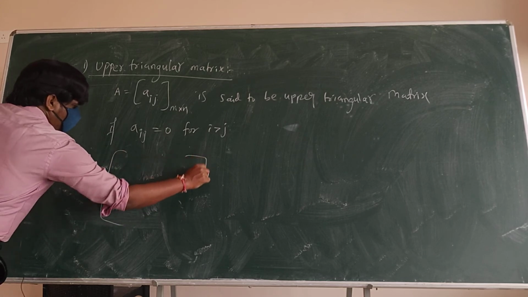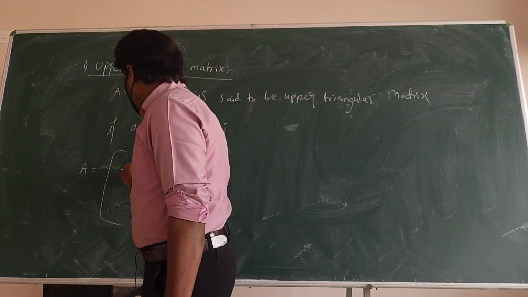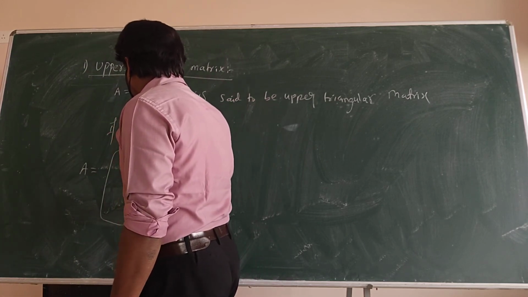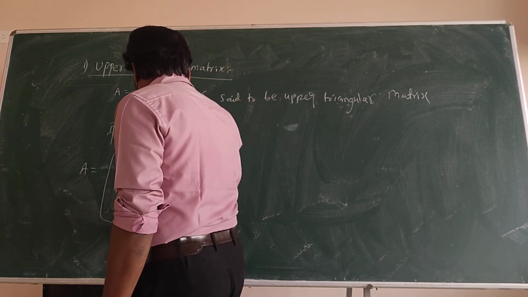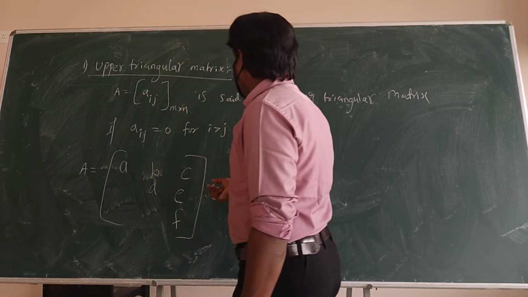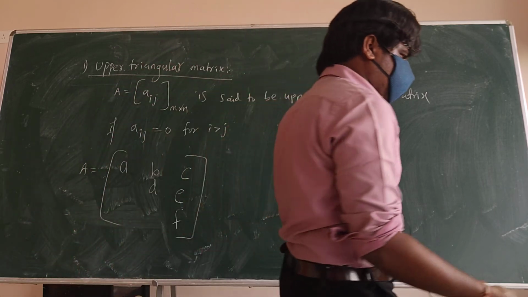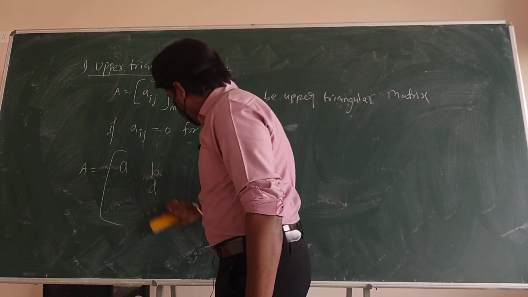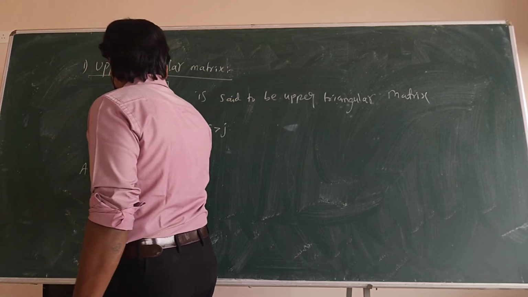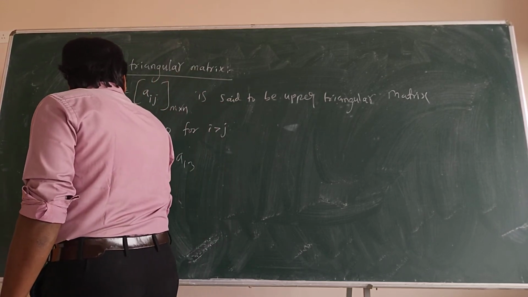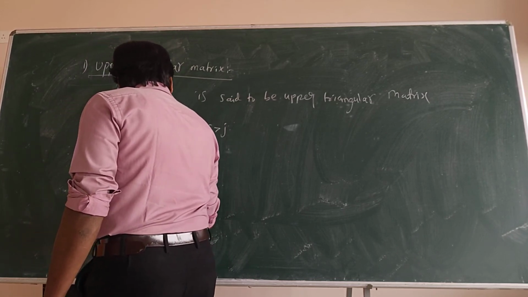I'll write the complete matrix, then you get the idea. Suppose I am writing a 3 by 3 matrix: A11, A12, A13, A21, A22, A23, A31, A32, A33.